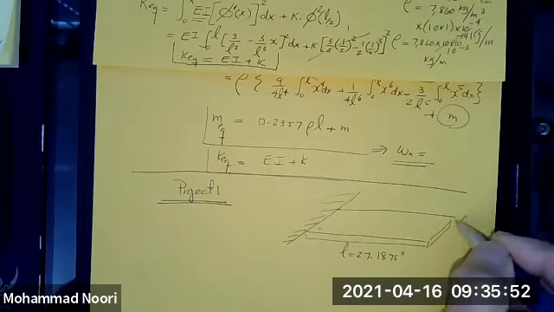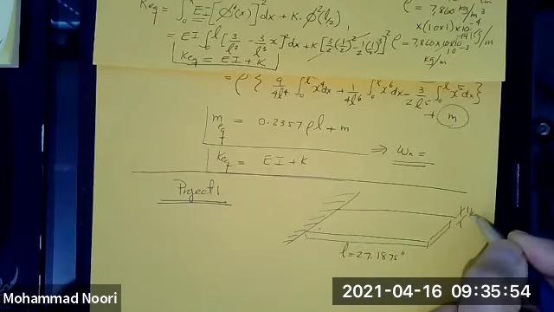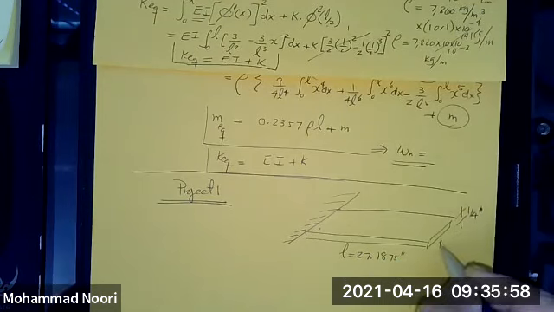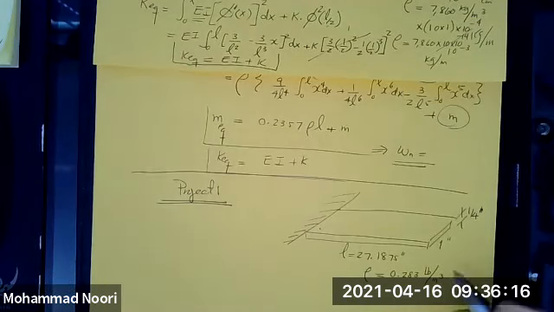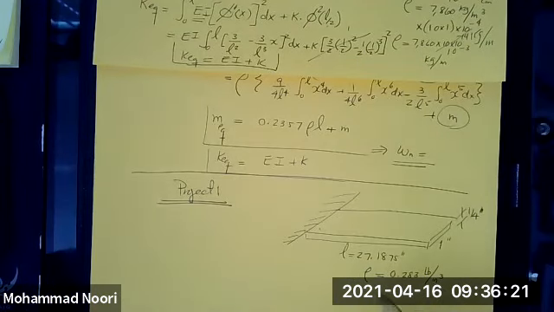The cross section is 1/4 in depth and 1 inch in width. This is made of steel, so the density is 0.283 pound force per inch cubed. That's one of the things I don't like about English units. So you need to convert this to pound mass.